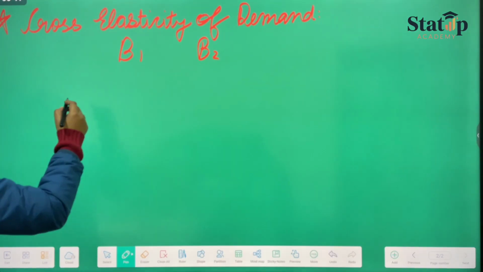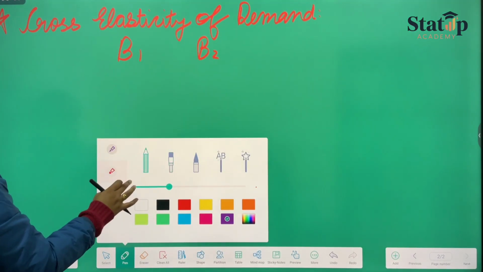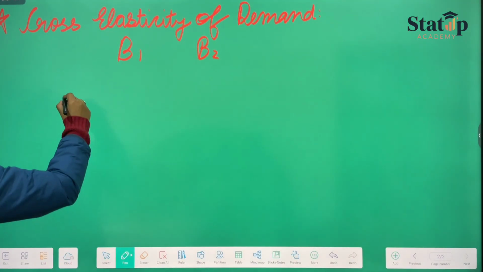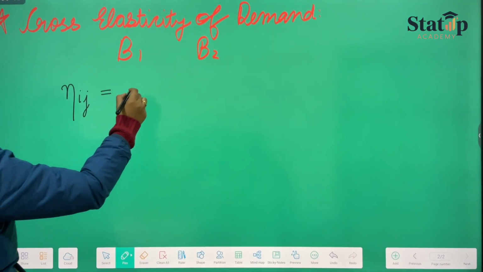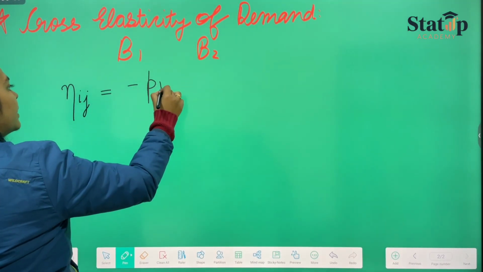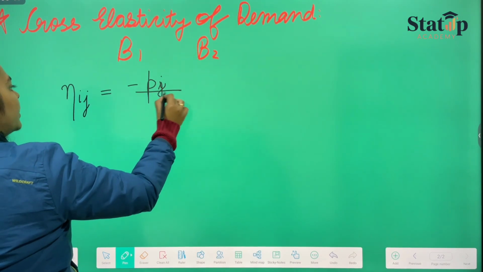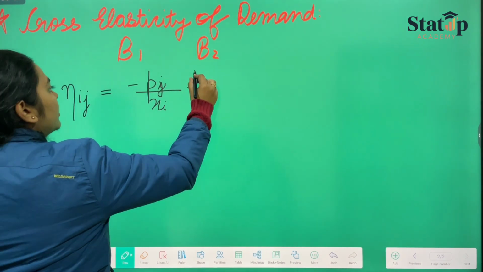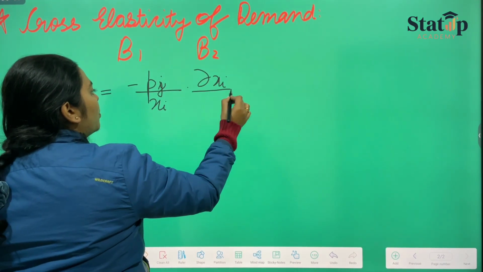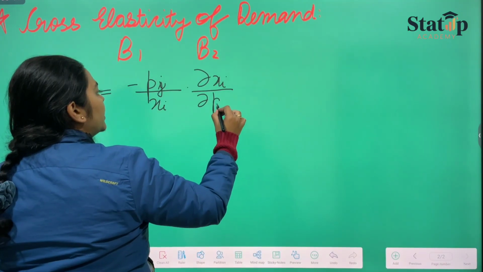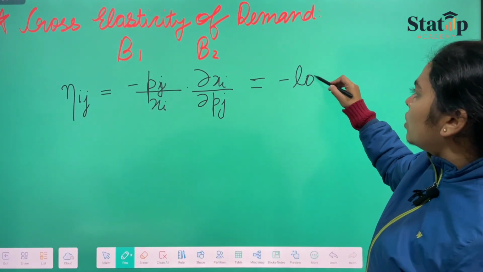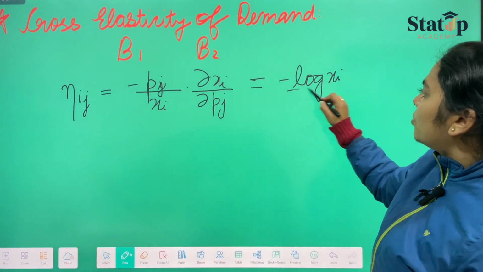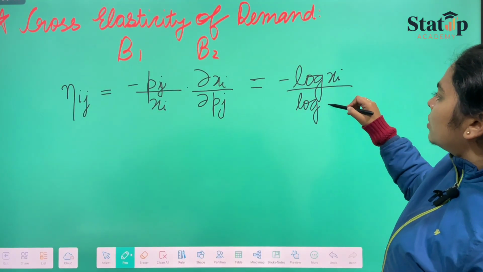So cross elasticity of demand has the general formula eta ij equals minus pi upon xi into delta xi upon delta pj, which can also be written as minus of log of xi upon log of pj.